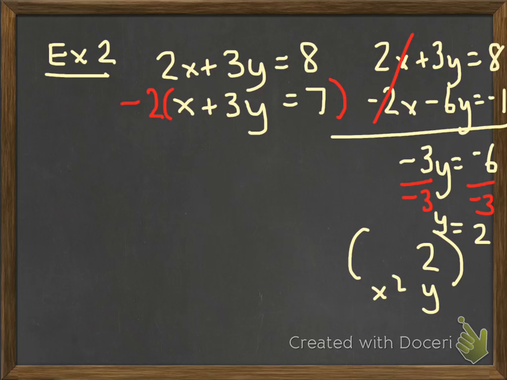Okay, so now we're going to plug it in either to the top equation or the bottom equation. It doesn't actually really matter which one you plug it into. So I guess I can plug it into the top. So we put the 2 in place of the y.